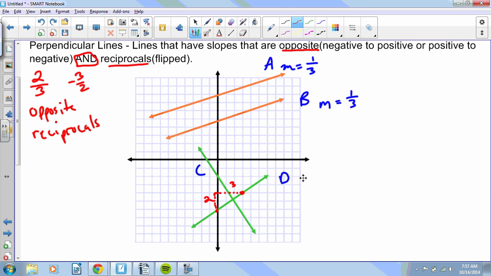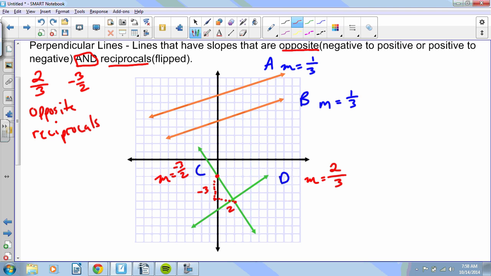So the slope of D is a positive 2/3. Now if I look at C, I can start here and go down to here. That's a nice point. Here I went down and over. So that's a -3 because I went down 3 and over 2. So the slope of C is -3/2.